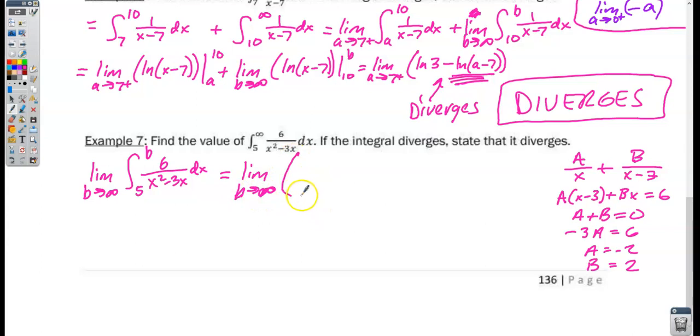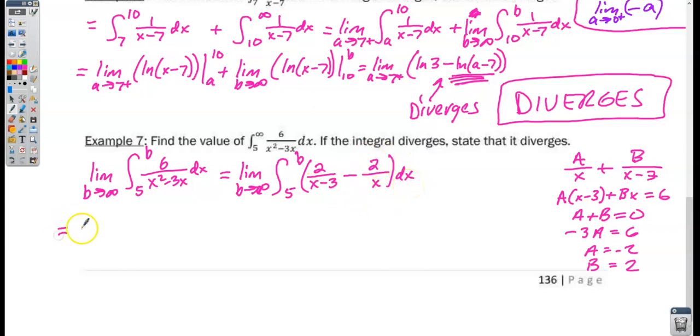And so this turns into the limit as b goes to infinity of the quantity, well, let's leave that integral sign there. Sorry about that. I got a little bit ahead of myself there. So we've got the limit as b goes to infinity of the integral from 5 to b of the quantity 2 over x minus 3 minus 2 over x dx.